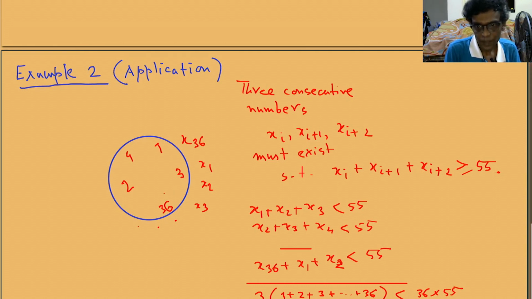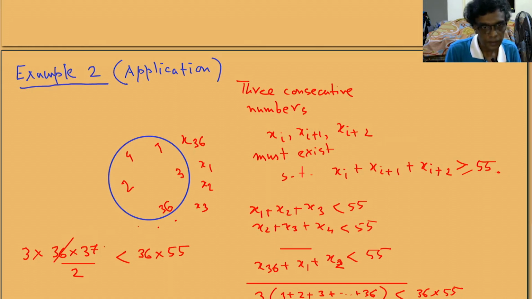Okay. So then if I use that formula, 3 times, this is 36 times 37 by 2, that is 36 times (36 plus 1) by 2. This is less than 36 times 55.